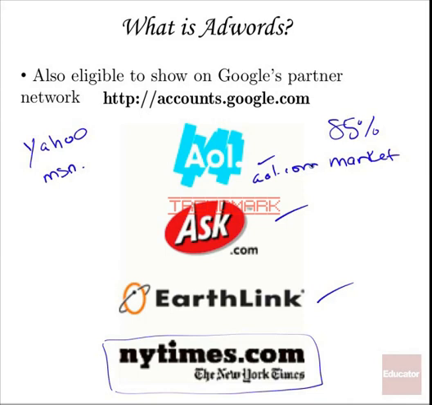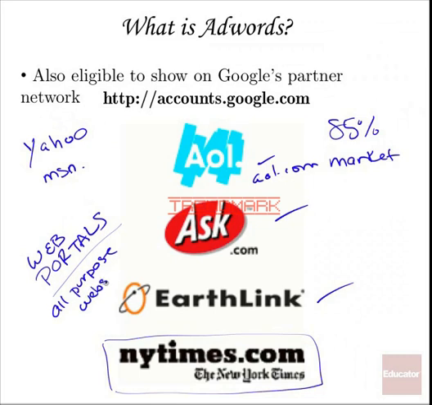All these are major, what is known as web portals. Okay, and web portals are all-purpose websites. So they offer things like news, sports, info, entertainment, things of that nature. You can get a lot of information there.